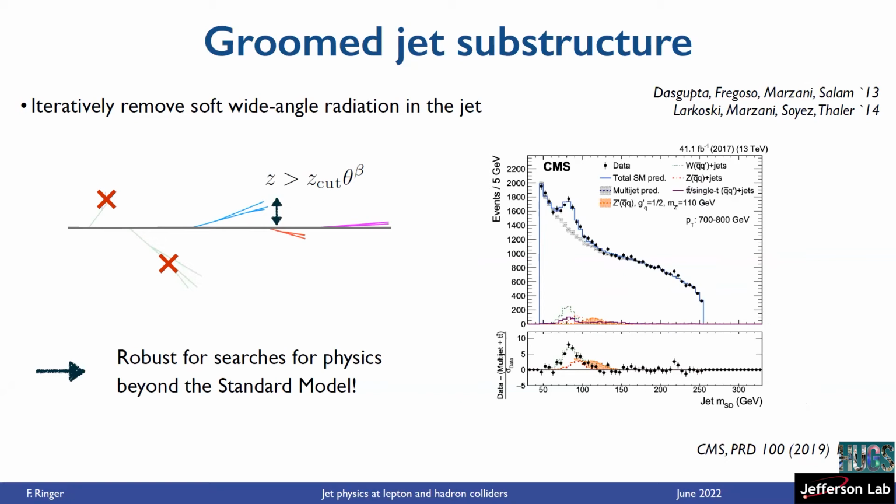What we want to do is measure the mass of these groomed jets, and that's what you can see here. That's in a different kinematic region. So what you can see here is the mass distribution. Sorry, what's the scale?